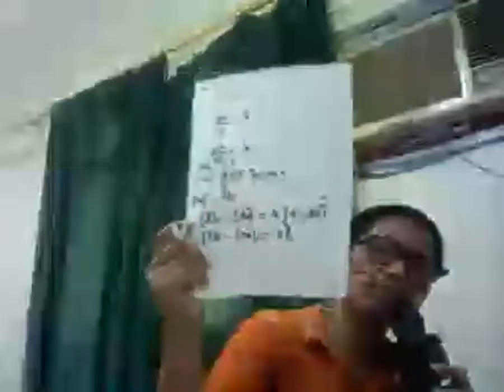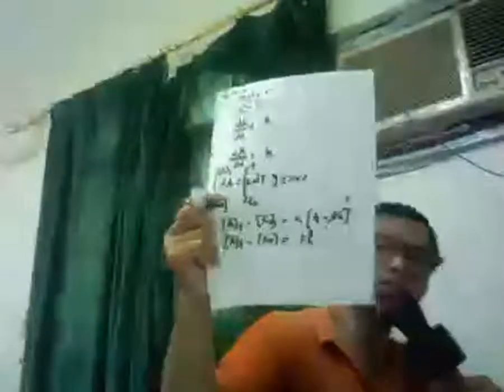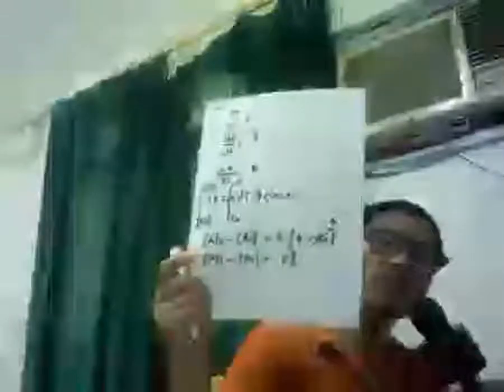Minus A_0, then this will become k over t, like that. Now inspect the signs. There's a negative, there's a positive. Now compute for the value of A. What will happen? Let's play algebra now.